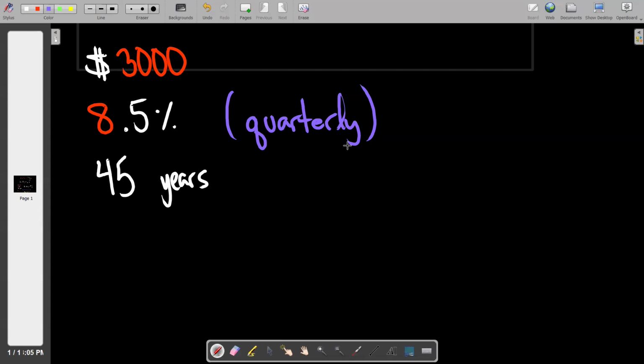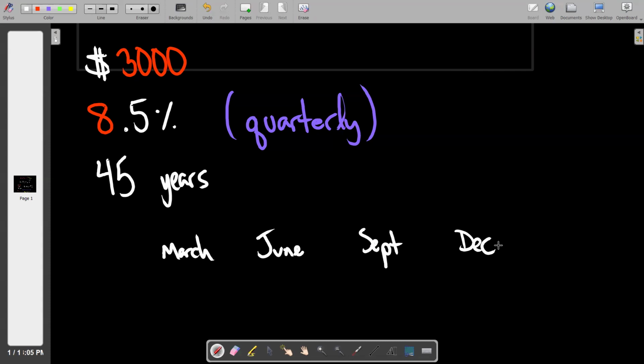So let's just make this simple on ourselves. Let's say that we get interest in March, and then we get interest in June, and then in September, and then we get interest again in December. So quarterly might look like this. It doesn't have to be those 4 months, but it literally means 4 times a year.